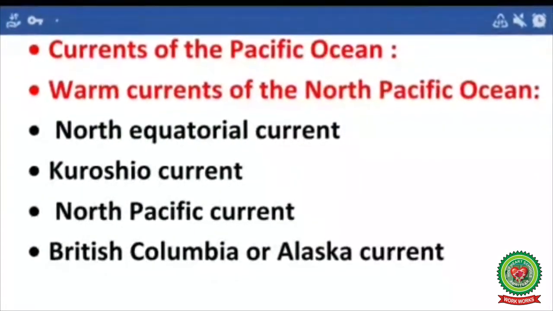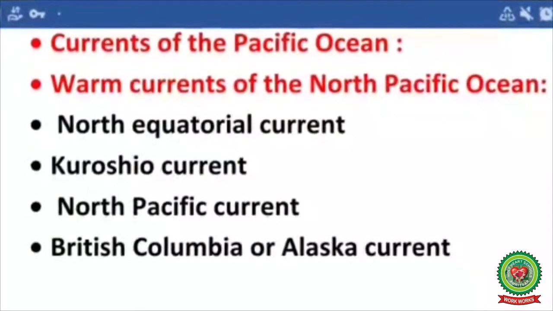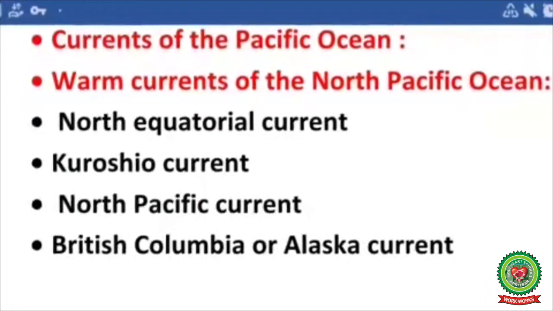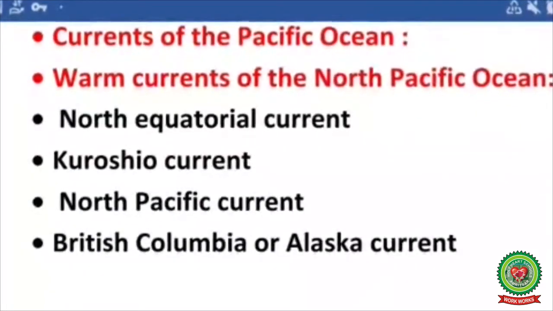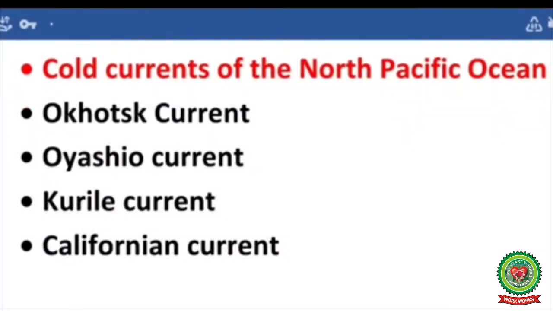The warm ocean currents of the North Pacific Ocean are North Equatorial Current, Kuroshio Current, North Pacific Current, British Columbia or Alaska Current. The cold currents of the North Pacific Ocean are Okhotsk Current, Oyashio Current, Kuril Current and Californian Current.